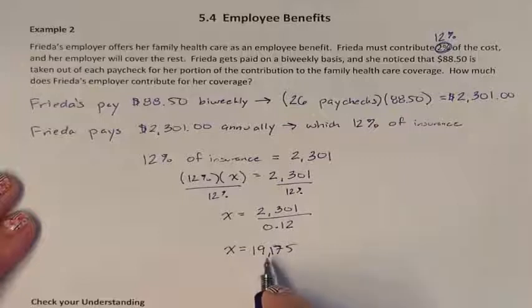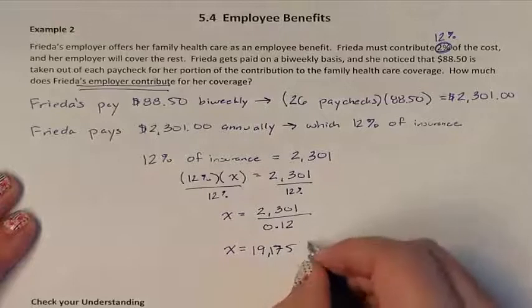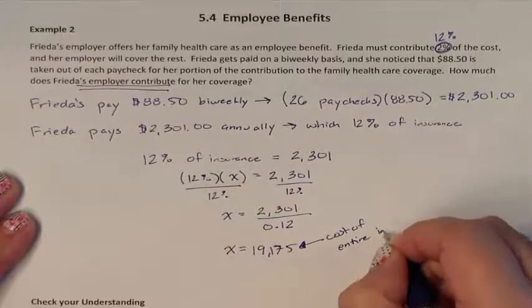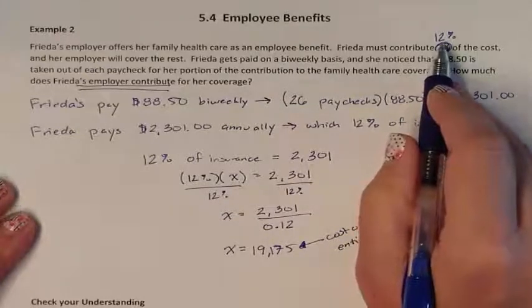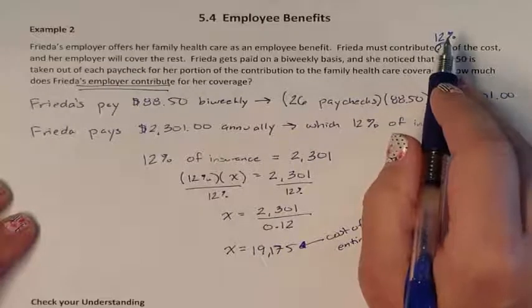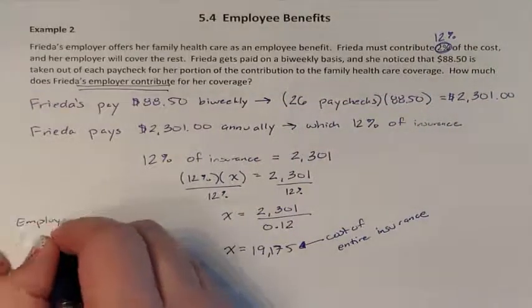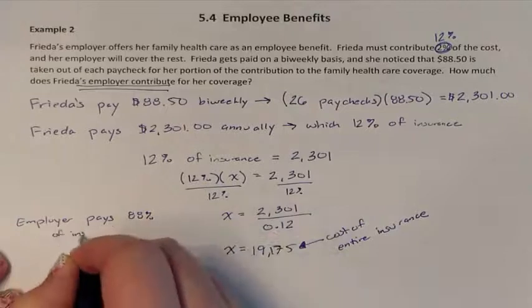We're not being asked how much her entire insurance is. We're being asked how much her employer pays. So this is the cost of the entire insurance. If she pays 12% of her own insurance, that means her employer is going to be paying 88% of the insurance.